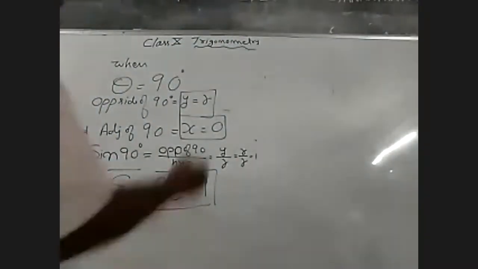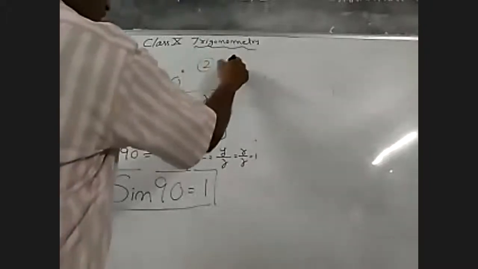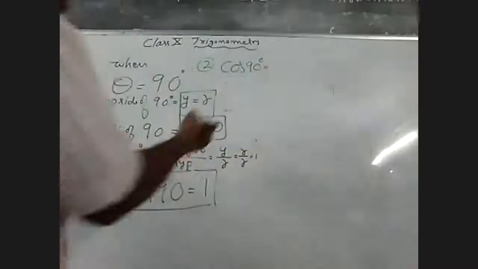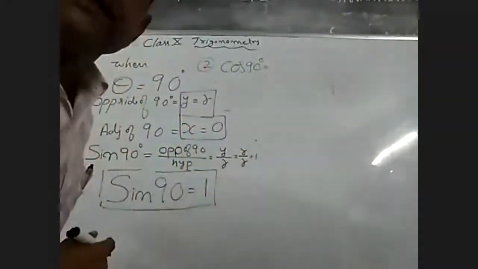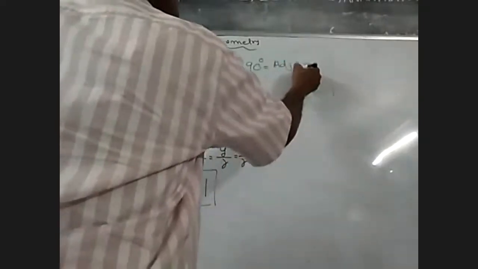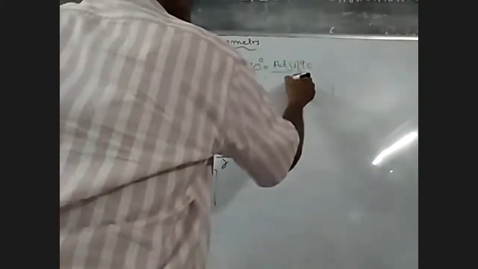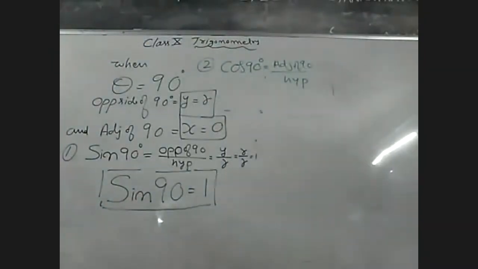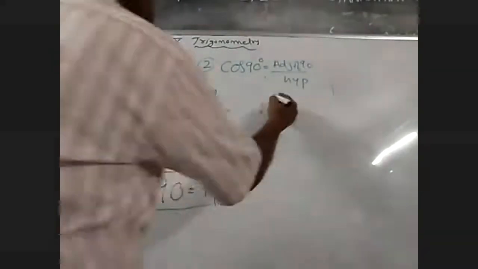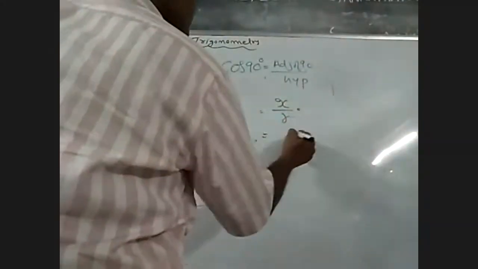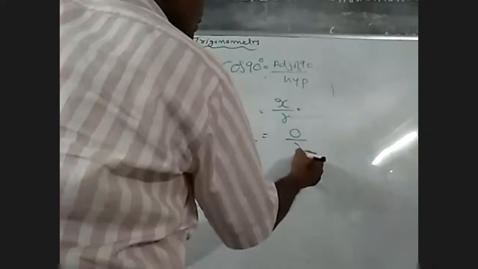Next, number 2, cos 90. Cos 90 is equal to adjacent of 90 by hypotenuse. What is the adjacent of 90? It is x, so x by r. Now you know that the value of x is equal to 0.